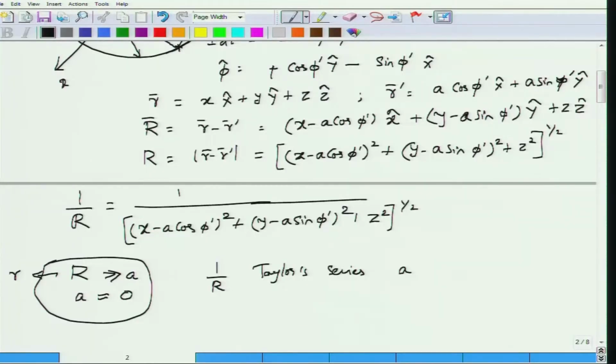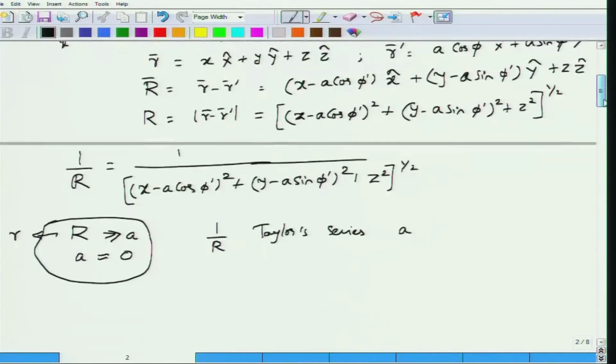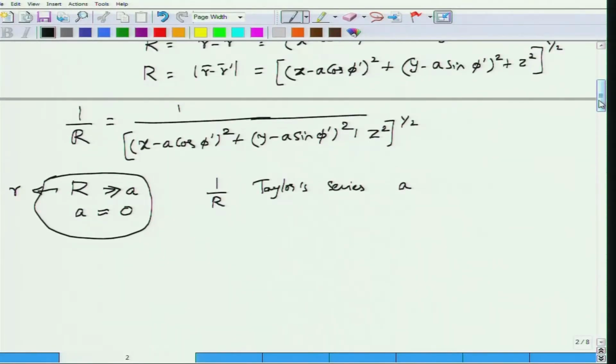Of course, the actual value of 1 by r depends on what the value of a is. Because of this assumption, any small change in a does not significantly affect the value of r. So because of these two observations, I can expand this 1 by r in terms of a Taylor series about a equal to 0.